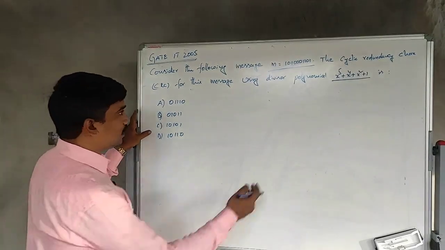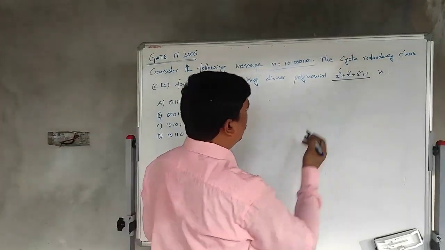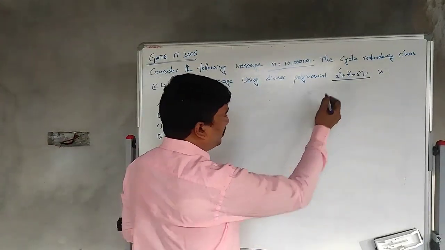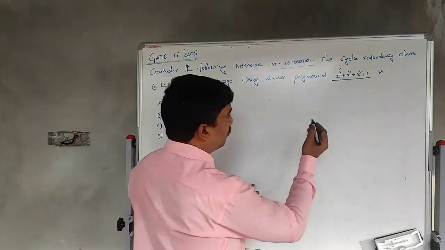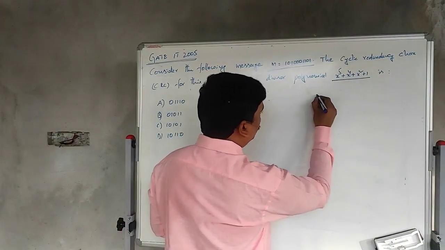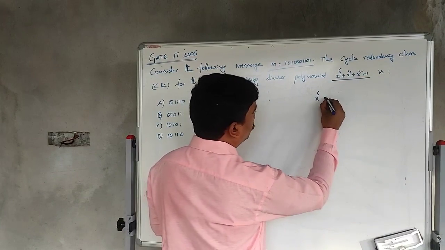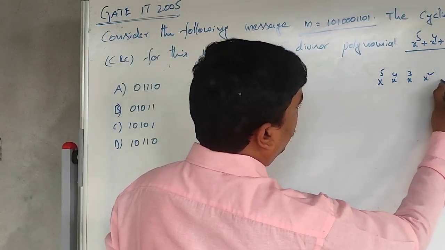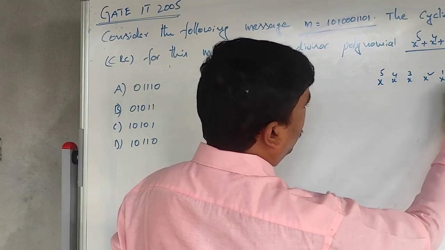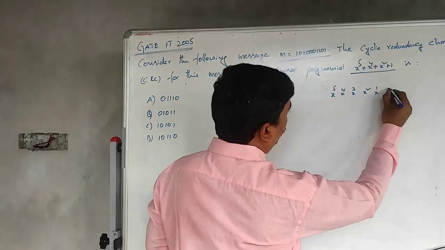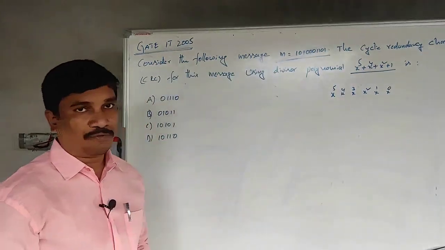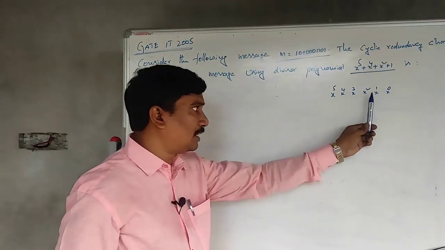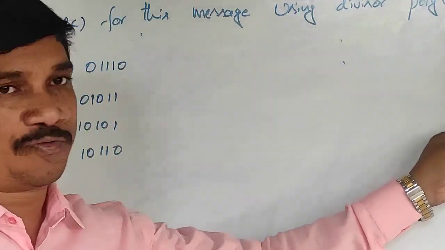So let us do this one. First, we check the divisor polynomial. How many bits are there in the divisor polynomial? First, we have to expand it: x to the power of 5, x to the power of 4, x to the power of 3, x square, x power 1 and x power 0. The format is x power 0, x power 1, x power 2, x power 3, x power 4, x power 5.